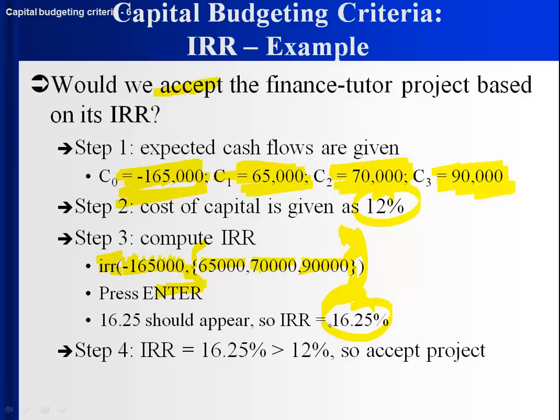Well, the IRR is 16.25, cost of capital is 12%, so we accept the project. Basically, for the level of risk that this project has, we could do the project and earn 16.25%, or we could invest in stocks and bonds and earn 12%, so we're better off with the project.